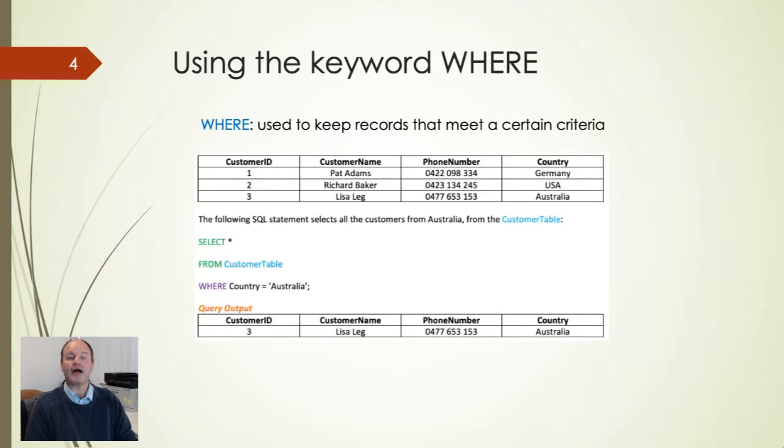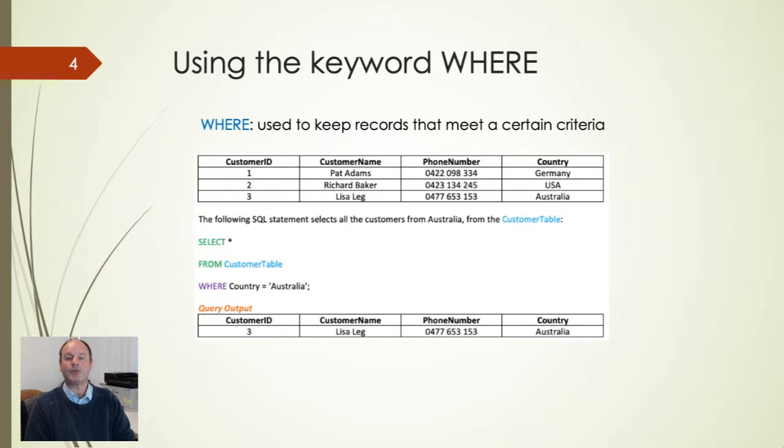Here we have our asterisk next to select. So that means all the fields have been selected. We are taking these fields from the customer table, which is why we have in the picture from customer table. The new bit is where.